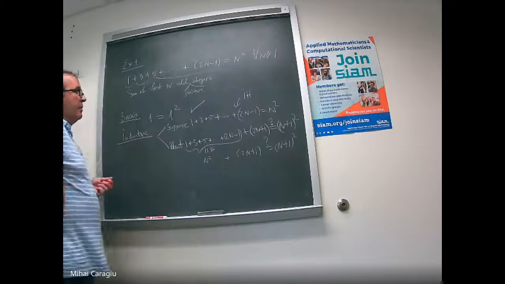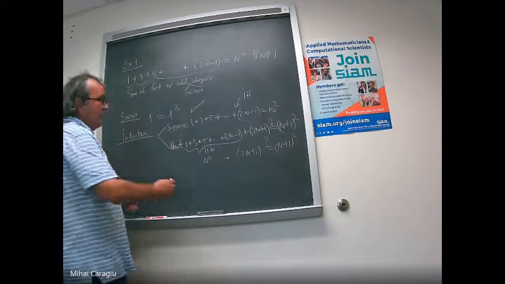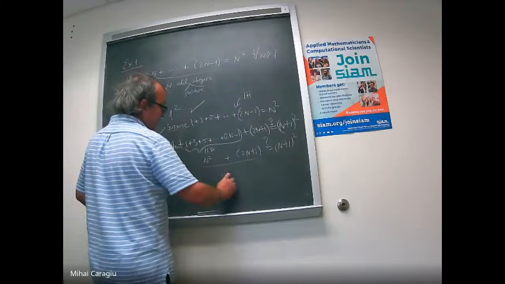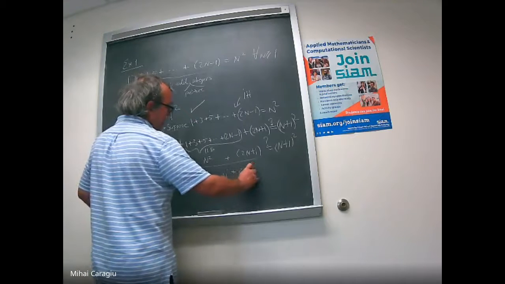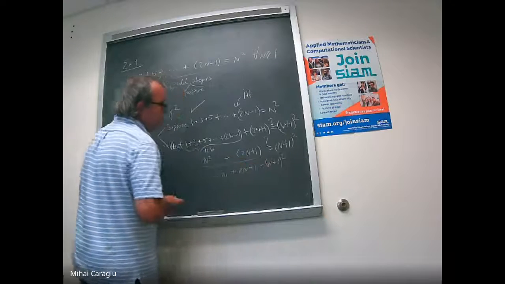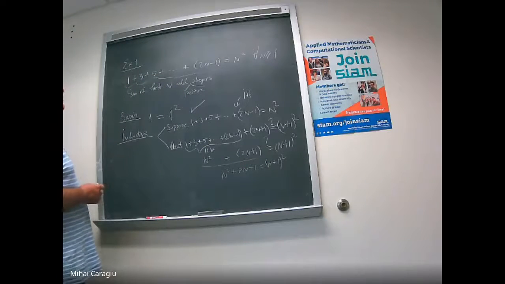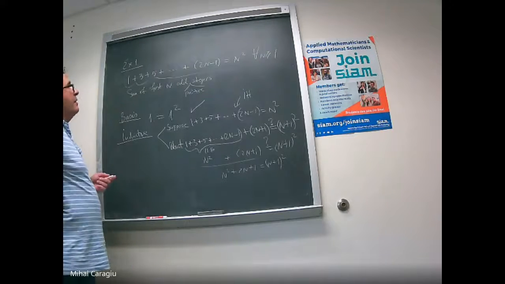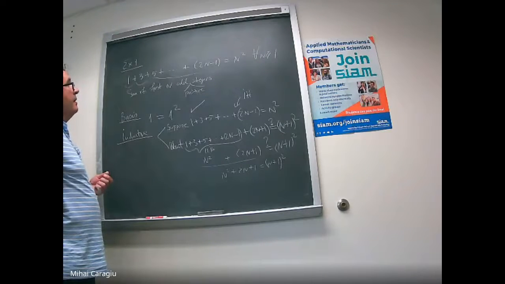True or not? Obviously it's true because we get n squared plus 2n plus 1 equals n plus 1 squared, a very familiar formula. Hence, the sum of the first n odd positive integers is n squared for every n greater or equal to 1.